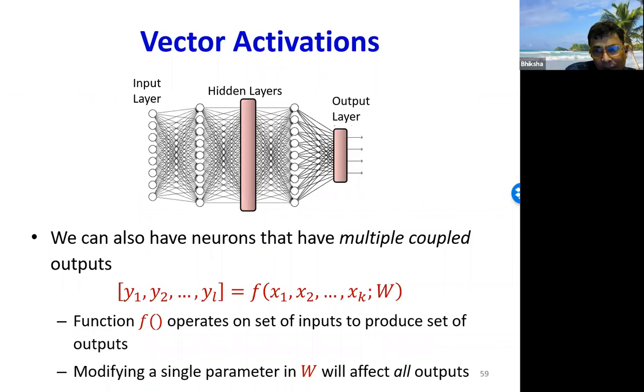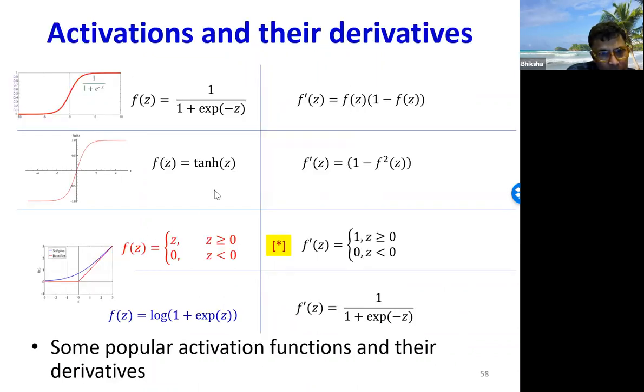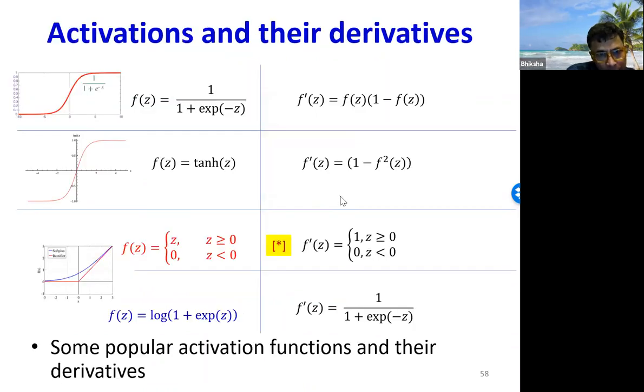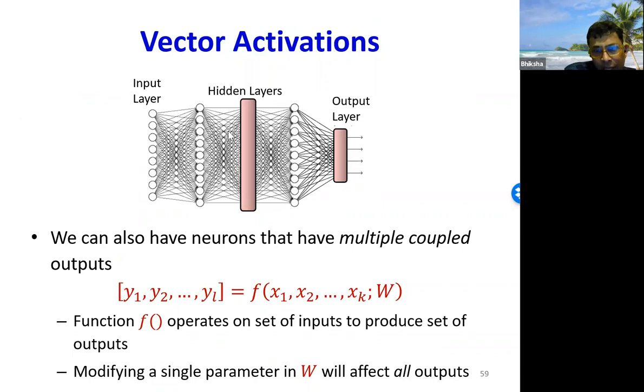Now, so far, we've assumed that a neuron takes in one input. This activation function takes in one input and produces one output. But then you can also have neurons which take in their inputs and produce multiple outputs.